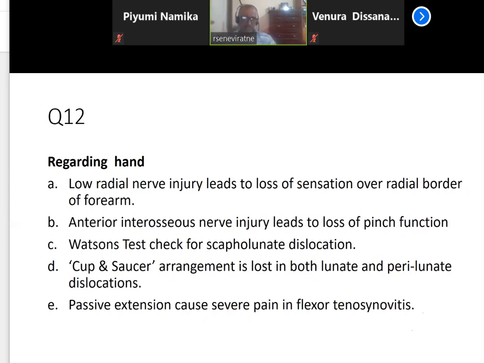Better diagram. Passive extension causes severe pain in flexor tenosynovitis. True. Yeah, that is one of the most dangerous conditions, flexor tenosynovitis. In fact, about 3 days ago, there was a nurse in cooperative.